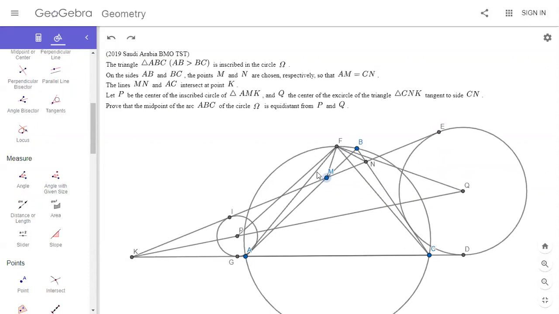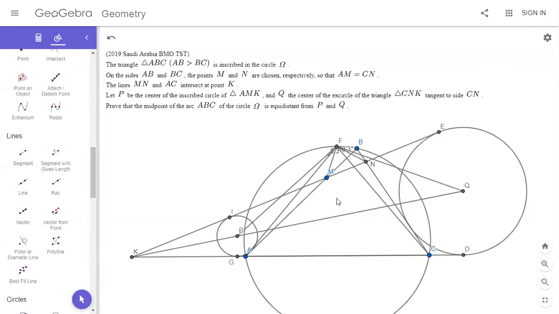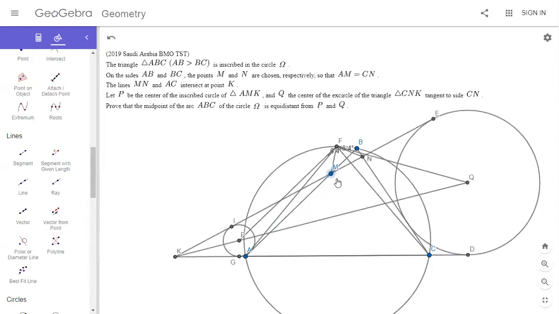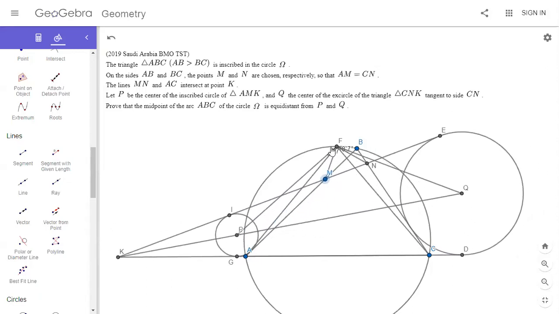Wait, so I said angle PFA equals angle NFQ. So then similarly, we'd have to have QFB equals MFA, but that doesn't. Wait. Yeah, these two. Yeah, I guess you can't make a symmetric argument.